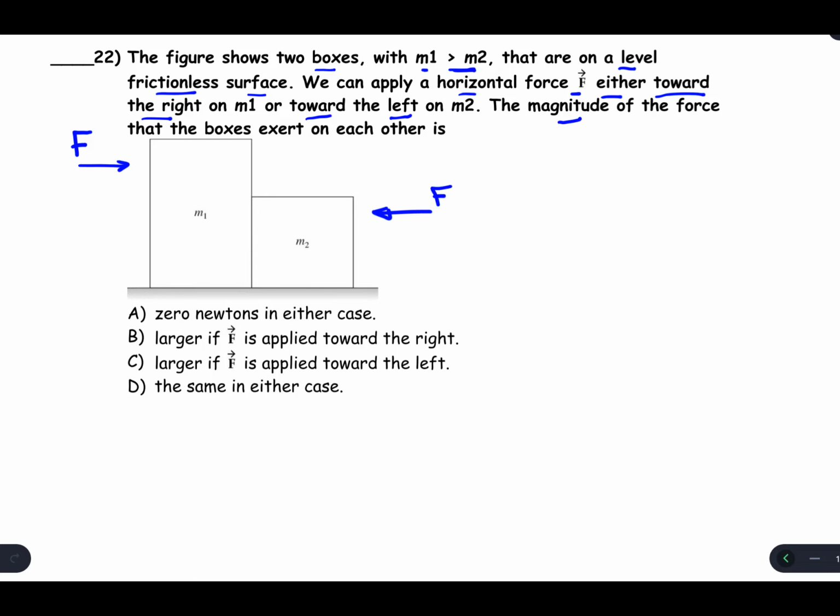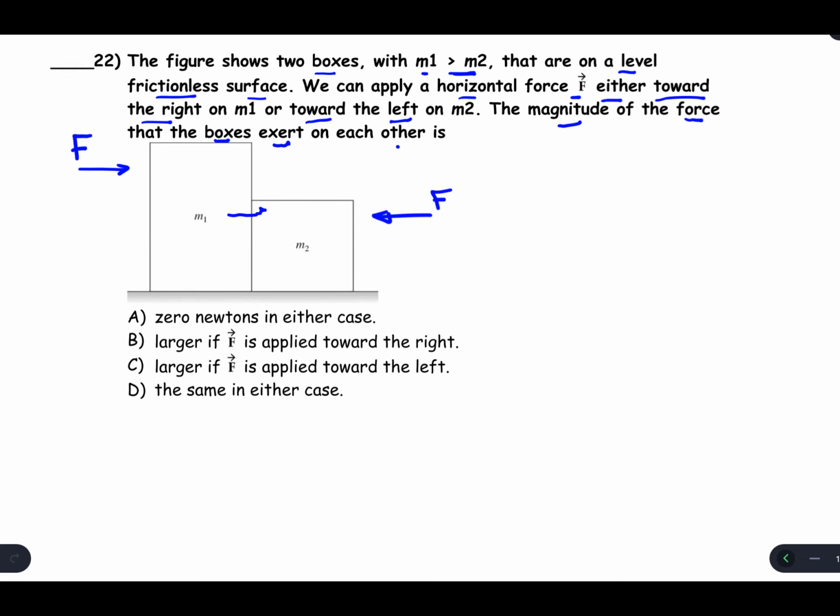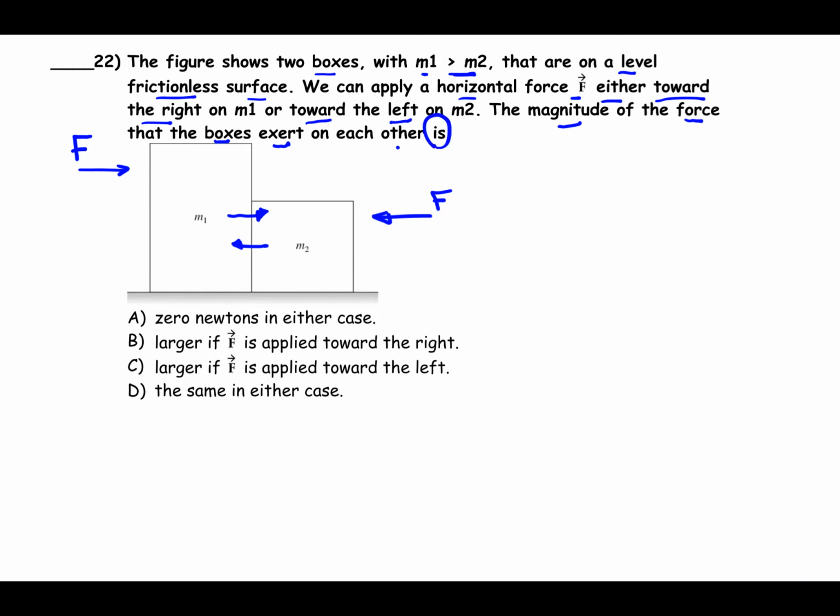The magnitude of the force that the boxes exert on each other, so from M1 on M2 or from M2 on M1, is: smaller, larger, or the same?